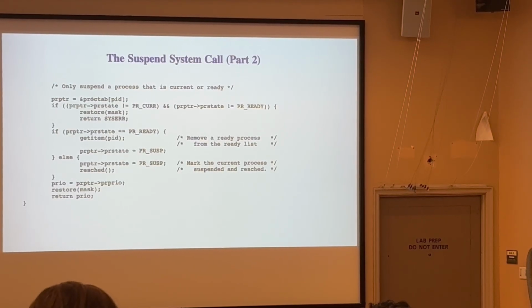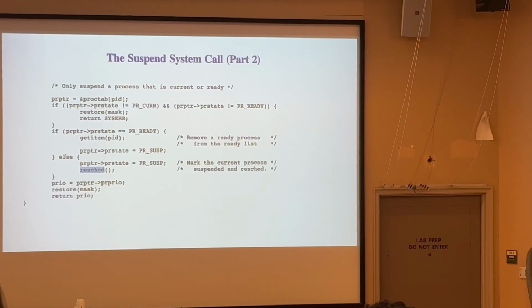Then you get the process table entry. If it's in the ready state, you change its state to suspended. Else, you directly change it to suspended and call reschedule.